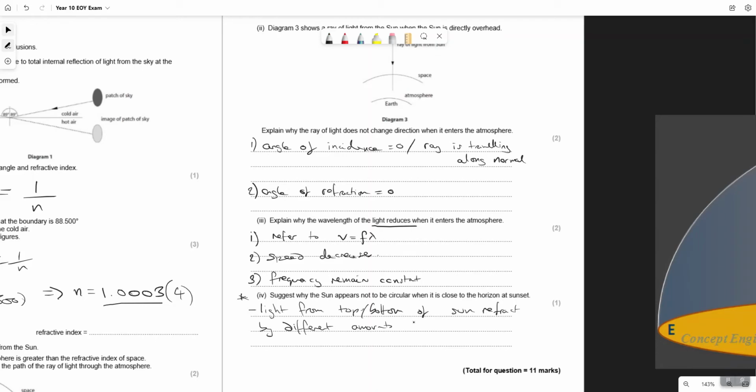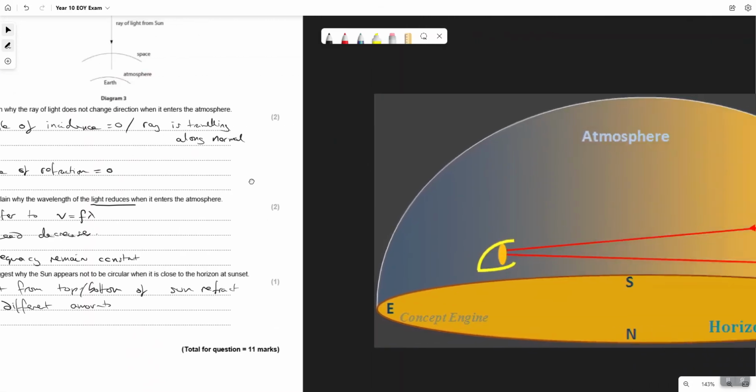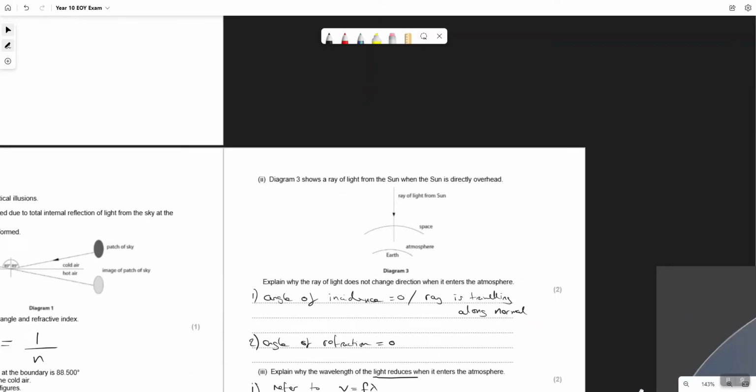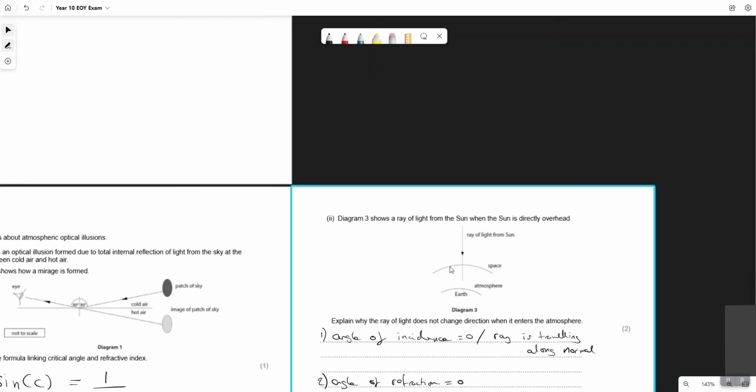That's the total answer they want. They did, however, also accept just saying that refraction gets bigger as things approach the horizon. So light from the sun will be refracted more when it's here than when it's directly overhead.